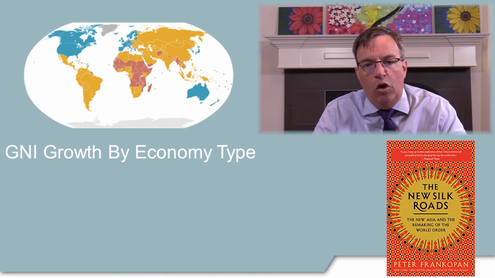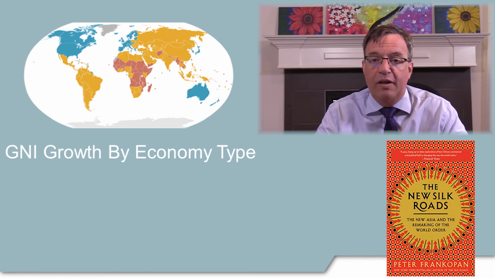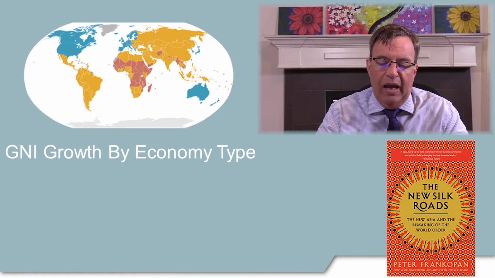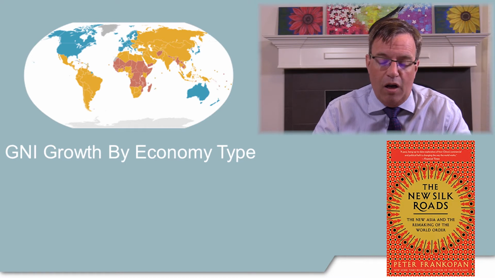Okay, the next thing we can do is kind of look at GNI by economic type, right? So the economic type basically being the most developed, or the developed economies, the developing economies, and the transitional economies. Those are sort of transitioning to developing economies.